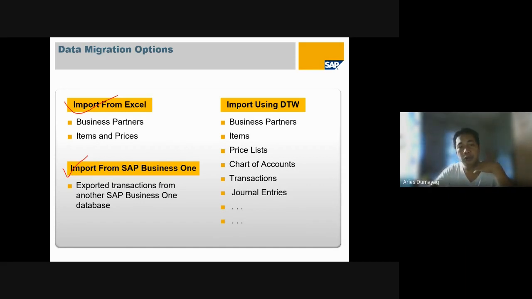For importing specific records from your database, for example, using the data workbench, no? Data transfer workbench, we call it the DTW. You can specify specific master records, chart of accounts, transactions, journal entries, and more.